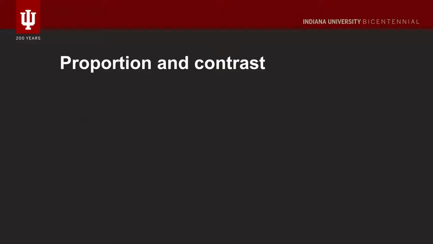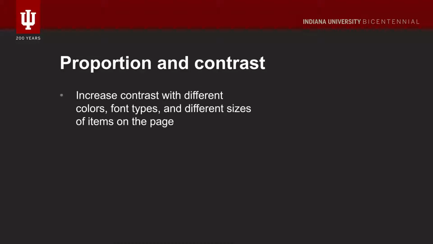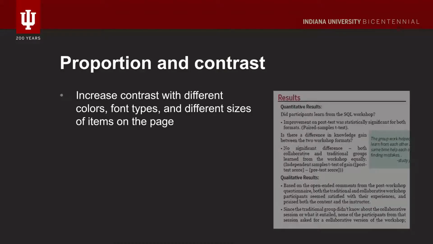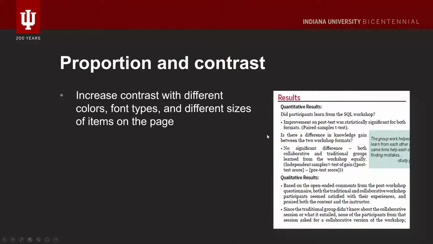Next, when we're talking about proportion and contrast, you'll want to increase contrast with different colors, font types, and different sizes of items on the page. If I take a look at the small example I have up here on the screen, I have a little bit of color incorporated for contrast for the subheadings of our sections that this poster was taken from. We have different font types. Our smaller subheadings are in a sans serif font, and then our body text is in a serif font.